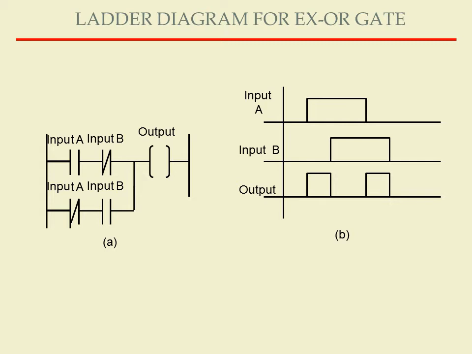Input A is 0, input B is 1, then the output is 1. So when the inputs are 1 0 or 0 1, the output will be 1. And if the input is 0 0 or 1 1, the output will be 0 in case of the XOR gate.